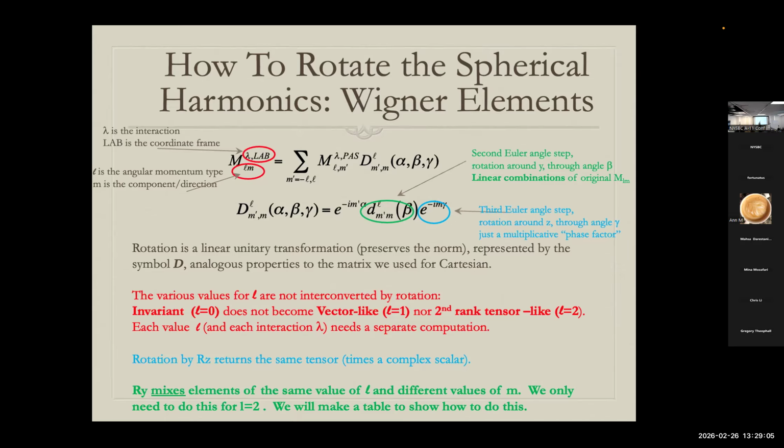So I start with M equals plus 2, and I do a calculation of how much of that will end up lining up with the M equals 0. And then I come to the plus 1, and then I come to the 0, the minus 1, and the minus 2. So I have to ask for each of the components in the principal axis system after the rotation, how much of it lines up with the component of interest in the lab frame.